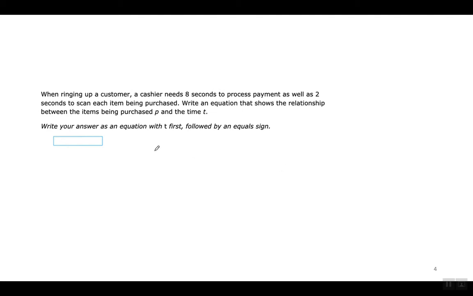All right, when ringing up a customer, a cashier needs 8 seconds to process payment as well as 2 seconds to scan each item. All right, so the 2 seconds to scan each item being purchased, that's going to happen over and over again.